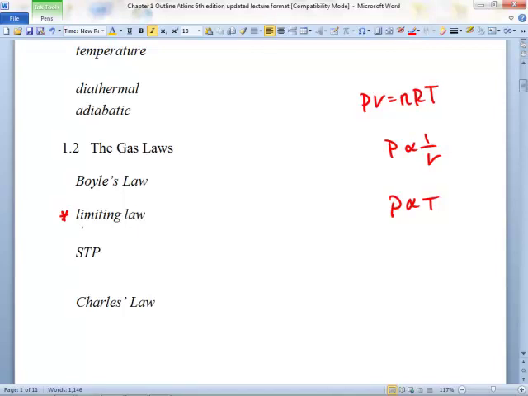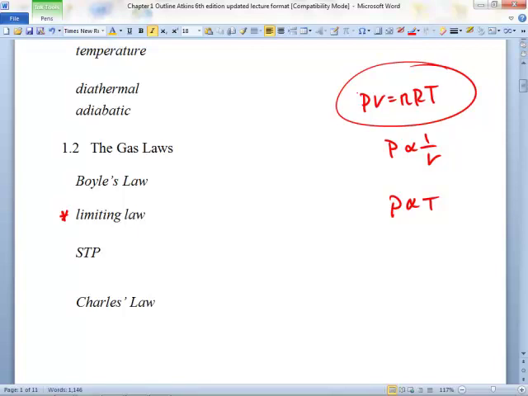So under what conditions should you use the ideal gas law? You have PV equals nRT. What conditions should you really be safe using it? Does volume matter? Not really. They've got to be somewhere. How about the number of moles? There's got to be something there, otherwise you have no problem. It's pressure and temperature. Under what pressure conditions would the ideal gas law work the best? Look at the extremes.